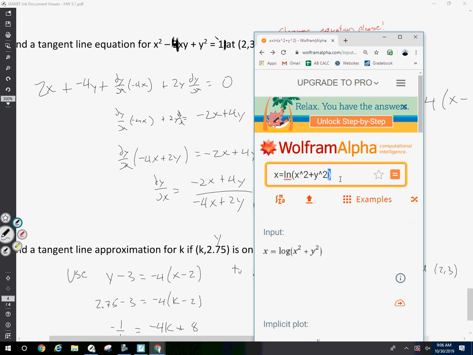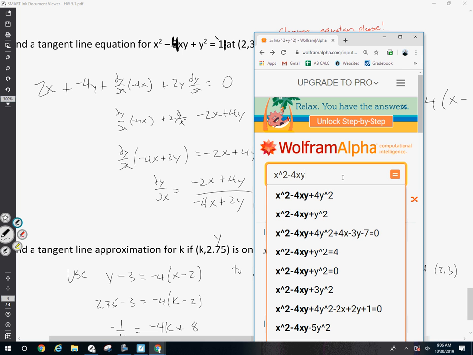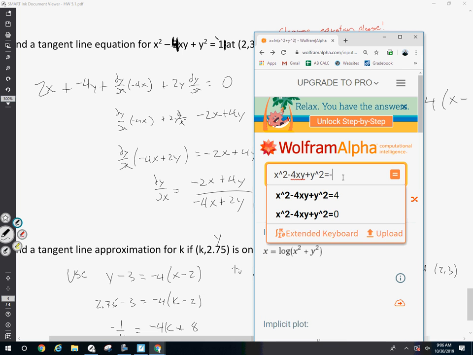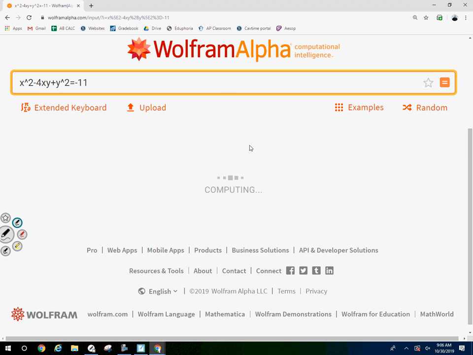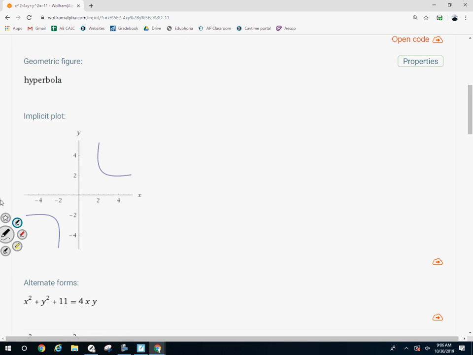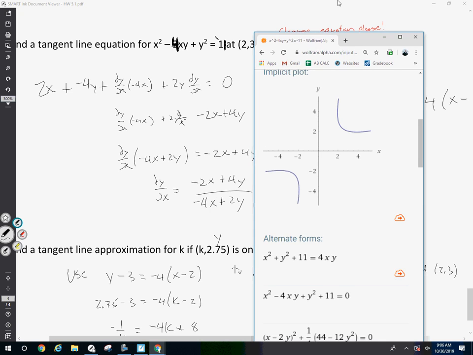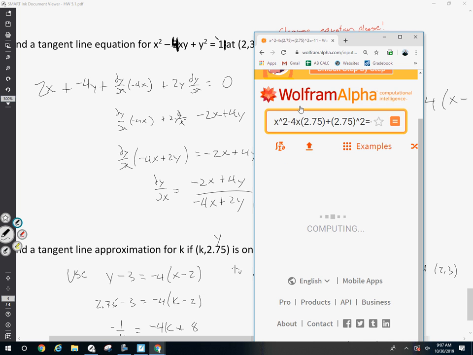Let's do it really quickly. First, let's graph x squared minus 4xy plus y squared equals negative 11. I think it's a hyperbola, not an ellipse. Yeah, it's a hyperbola. So symmetry with the slopes. And if I have a y coordinate of 2.75, I'm just going to have 1x. I could do this by hand, but this is just a little bit easier.